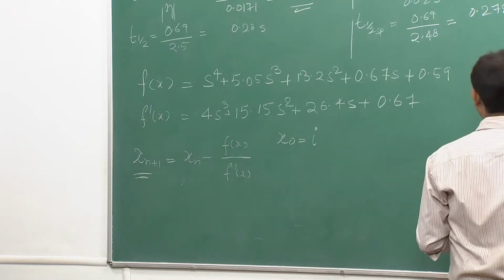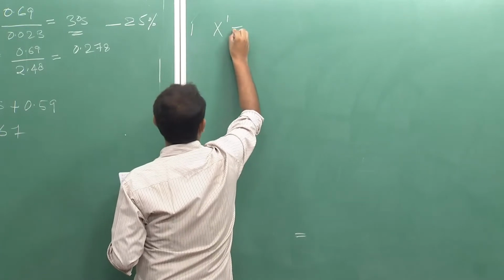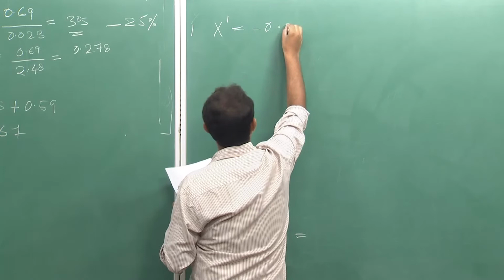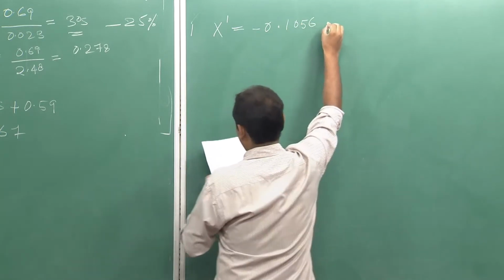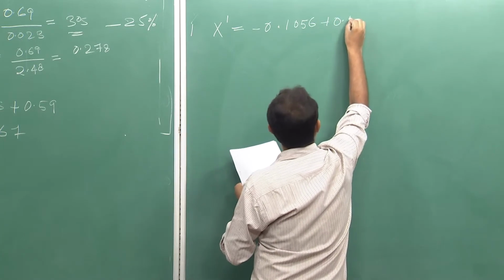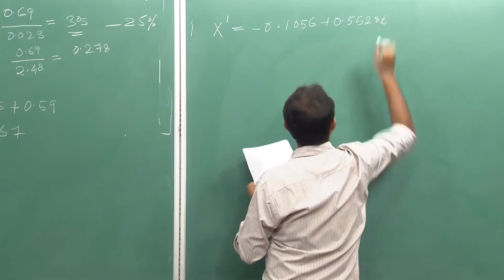This gives me, for the first iteration, x equal to minus 0.1056 plus 0.5528 i.